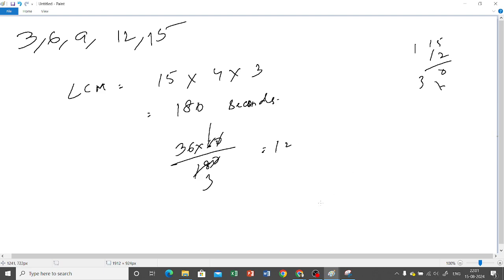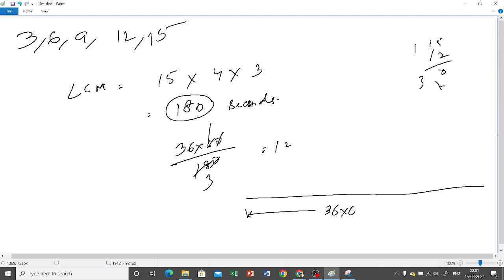Okay, maybe because of the fact that these bells are ringing at intervals of 180 seconds, right? So if you see that 36 minutes, so this is the total gap of 36 minutes, that is 36 into 60 seconds.